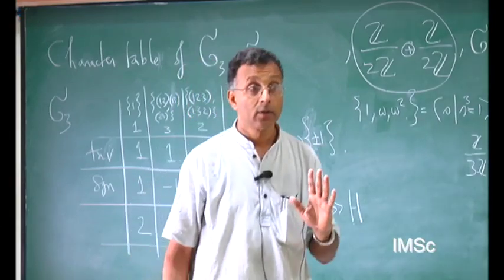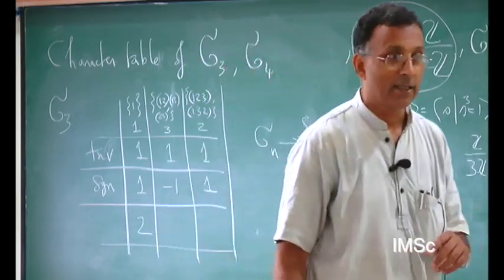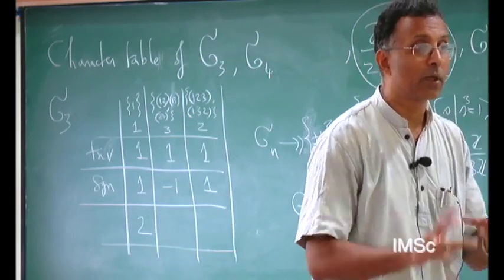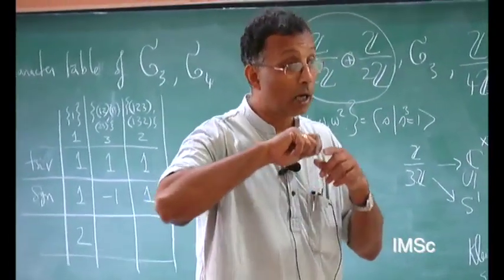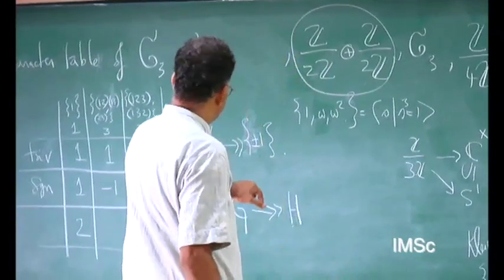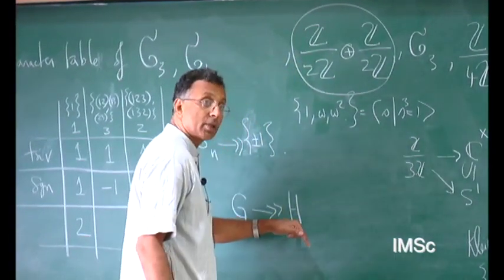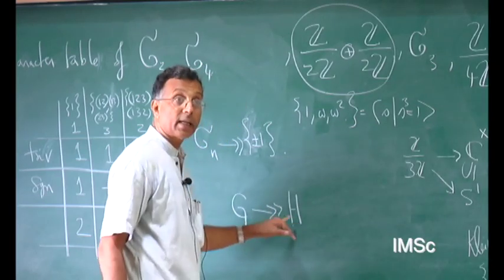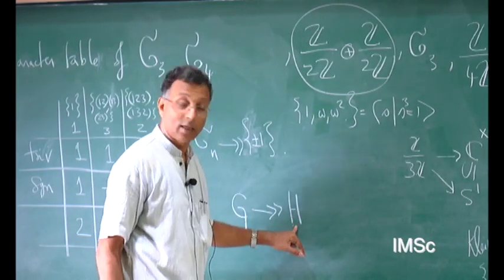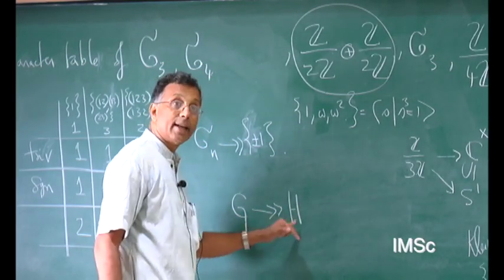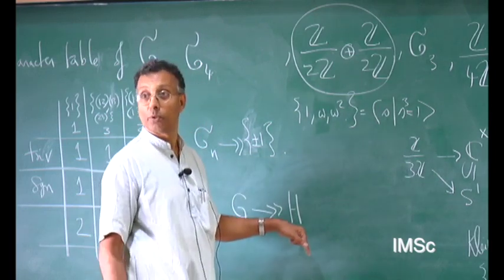G goes to G/H, exactly. So any representation of H, if you pull it back to G, is irreducible for G if and only if it's irreducible for H.